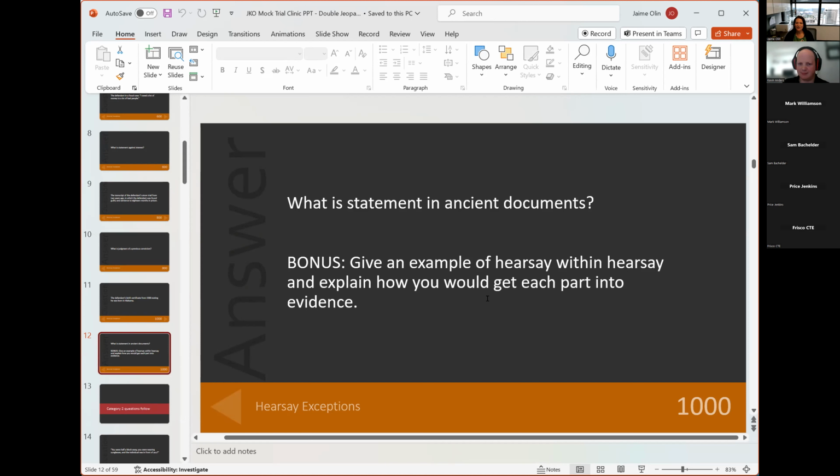I believe the definition of ancient is any older than 25 years. Does anyone know offhand if that's what the rule says? It's something like that. Okay, 20 years.